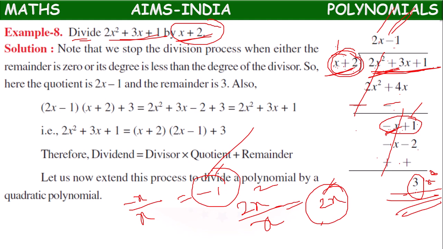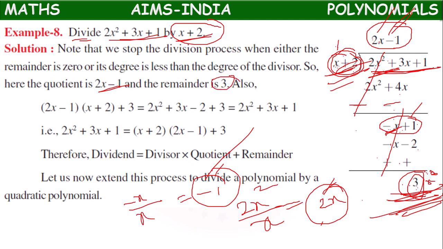We can stop the division when the remainder is 0, or when the degree of the remainder is less than the degree of the divisor. As we got 3 whose degree is 0, less than the degree of x plus 2, we can stop the division. So this 2x minus 1 is the quotient, and this 3 is the remainder.